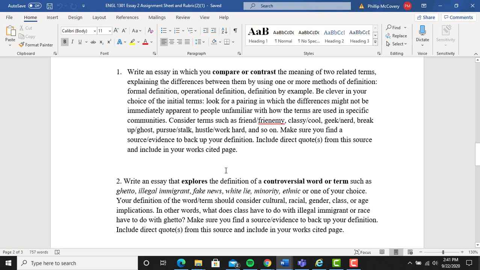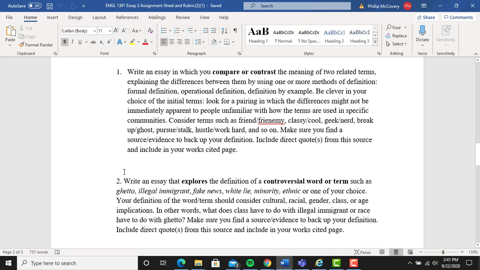Topic choice 2 asks you to choose 1 controversial word or term and then explore a definition that you consider to encompass the word, based on the context in which you're using it. So, for example, the word ghetto.